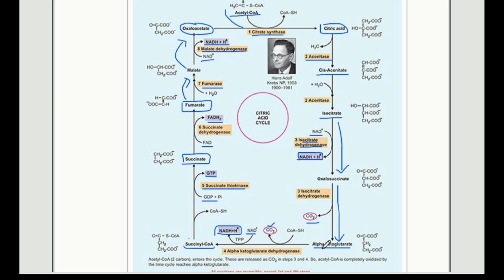When alpha ketoglutarate is converting into the succinyl CoA, enzyme is alpha ketoglutarate dehydrogenase. When FAD is converting into FADH2, enzyme is succinate dehydrogenase. And when malate is converting into oxaloacetate, enzyme is malate dehydrogenase. You can make your own mnemonics to remember this cycle, but you have to remember it.